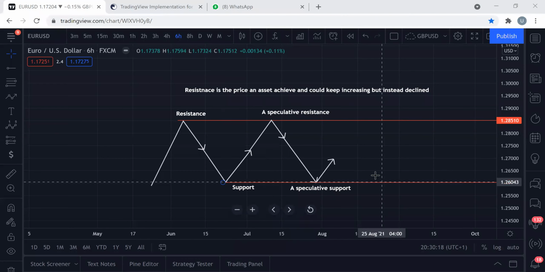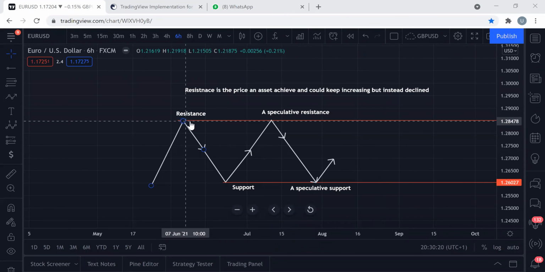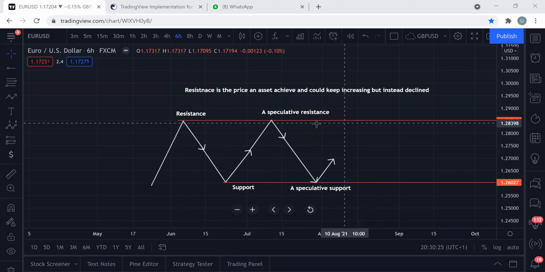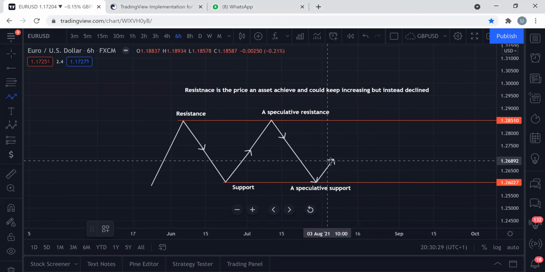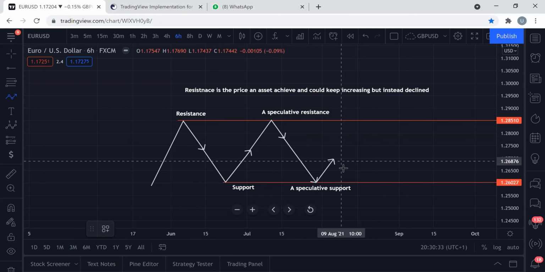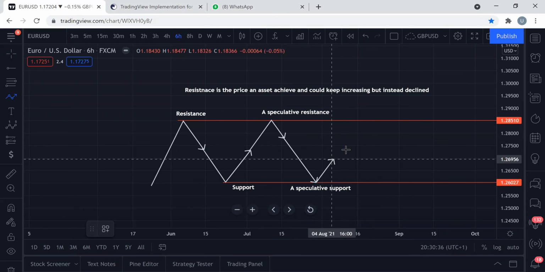So now we have already gotten our level of resistance. Now this is the key. We wait for the price to come back to it. We wait for the price to come to any of these places, either up to the resistance.